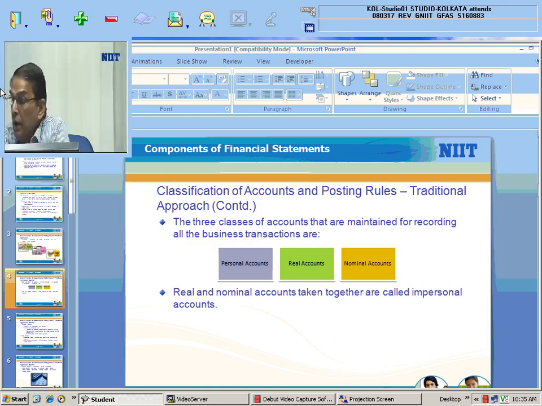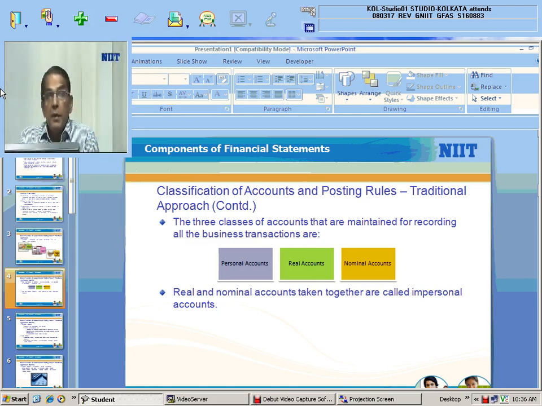So real and nominal accounts, since they are not related to persons, together they are also called impersonal accounts. So basically we can broadly classify accounts into two types, personal accounts and impersonal accounts. And within this particular category, that is impersonal accounts, we have two types of accounts.